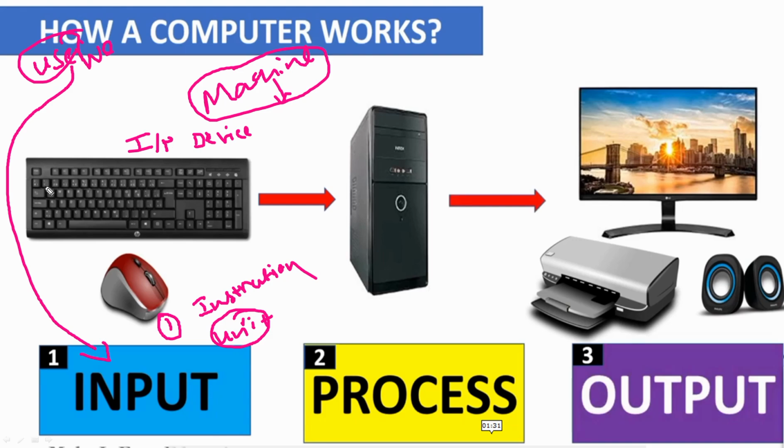Basically, the keyboard and mouse are the basic input devices of the computer. The user uses the keyboard and mouse to give input to the computer. So the entire information and instruction we give to the computer is called the input unit.